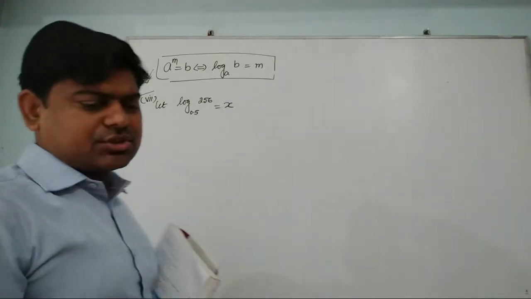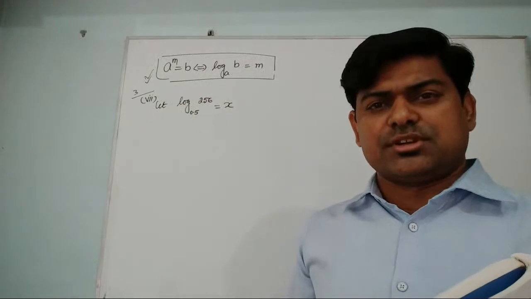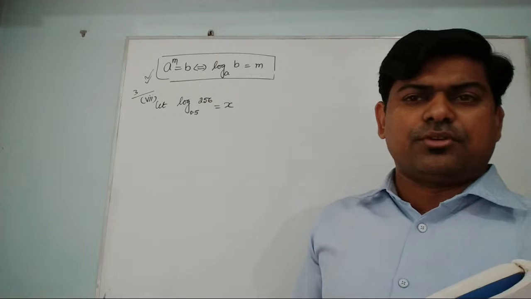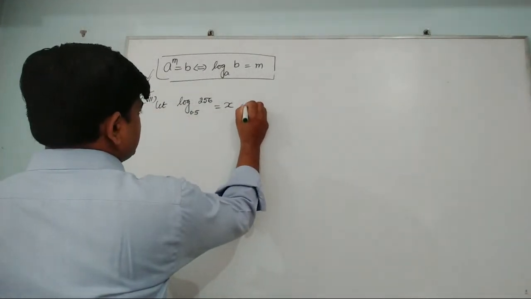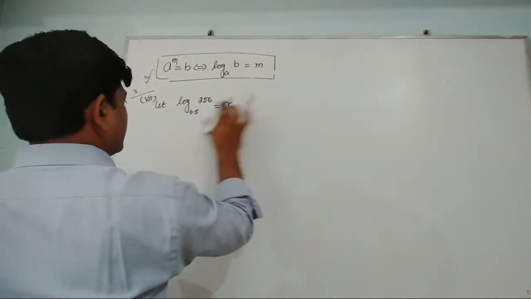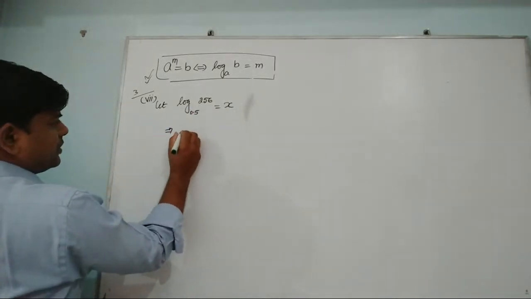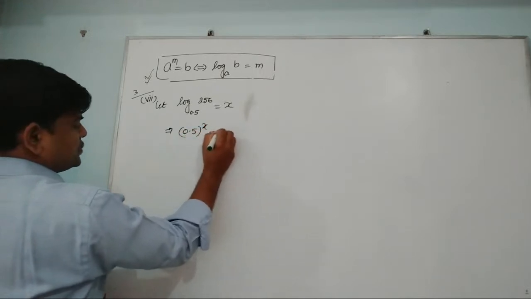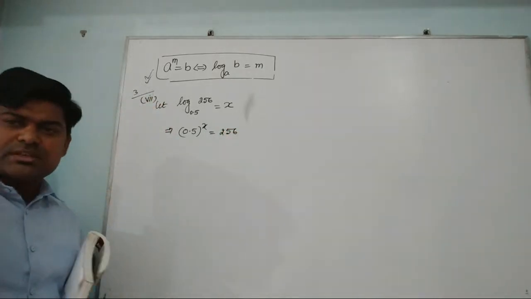And when I write it is equal to x, then we are able to convert the given thing into exponential form. We can easily convert it into exponential form. And when we convert it into exponential form, what will happen? You can see here. Directly I can write here, no need to go here. It can be written as 0.5 to the power x is equal to 256. This one I can easily write.